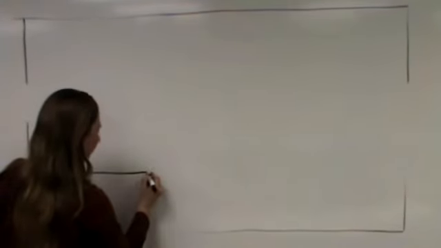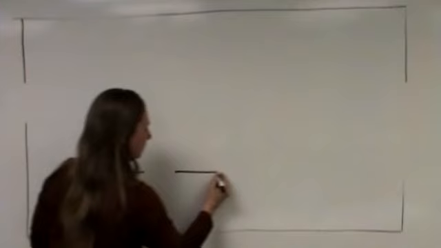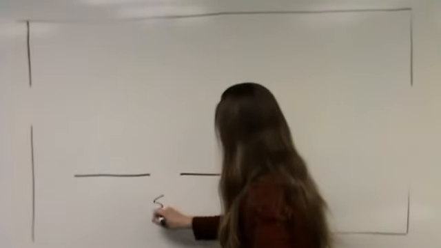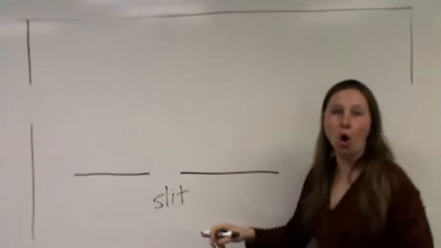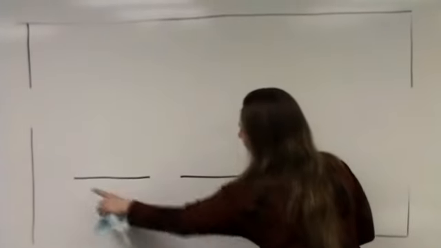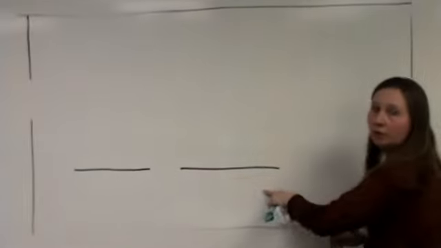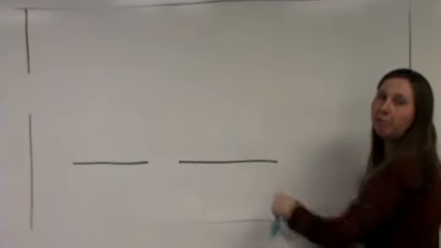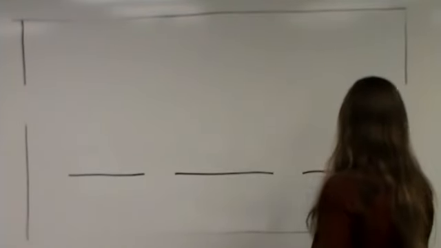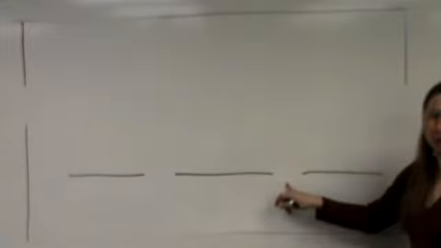But let's draw double slit diffraction first. Here's one slit, a slit or an opening. This could be a piece of wood or a piece of metal, any kind of barrier. And here's my second slit.